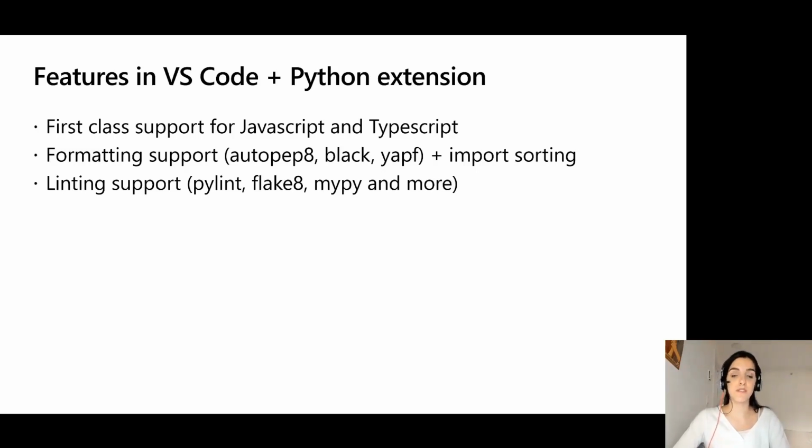So when you're talking about JavaScript, TypeScript, CSS, HTML, support is really great. And for your Python backend, you can rely on formatting support and import sorting as well as linting to make sure you're following best practices and having even more readable code.